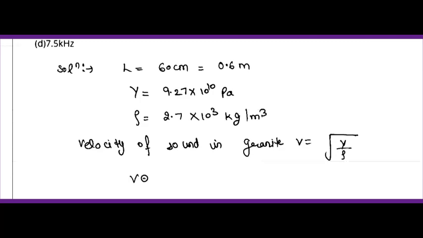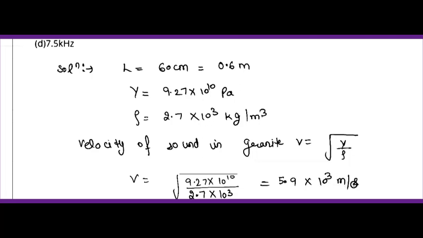So from this we can write here our velocity: Young's modulus is 9.27 into 10 power 10, and this is divided by density, that is 2.7 into 10 power 3. So from this we get the velocity of the granite on solving this. This is 5.9 into 10 power 3 meter per second here.